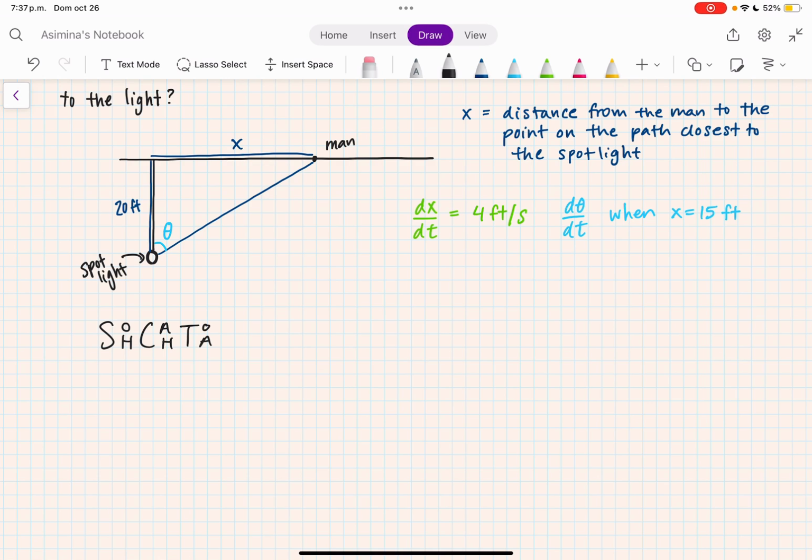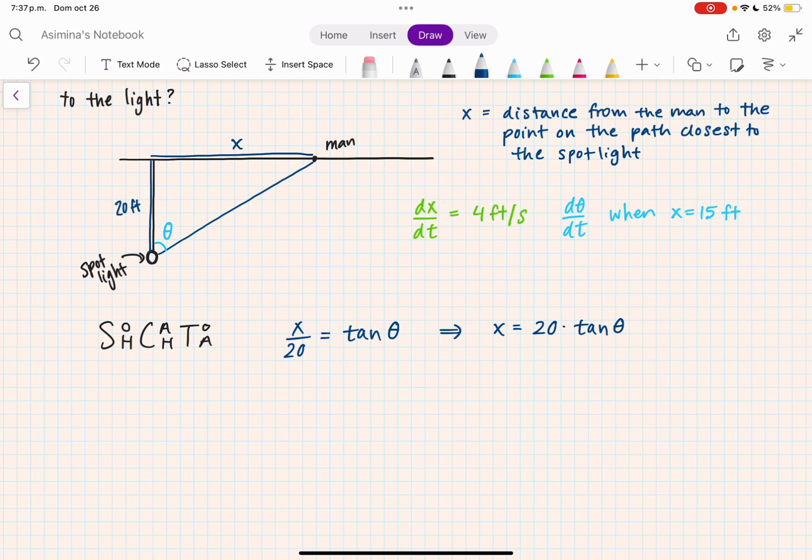So this tells me that opposite over adjacent, x over 20 equals tan of theta. So this is an equation that relates x to theta. Now I want x by itself, so I can just multiply both sides by 20, and I get x equals 20 times tan of theta.